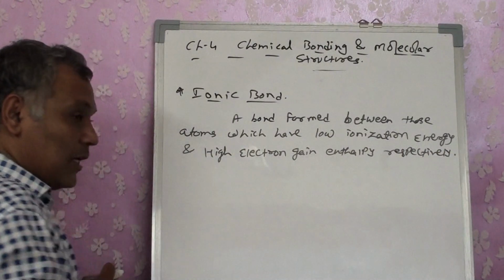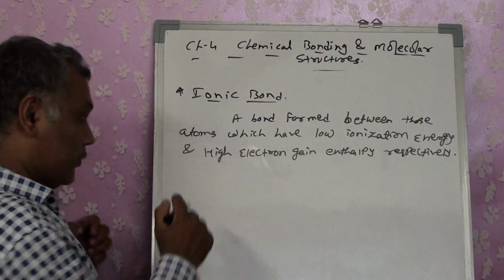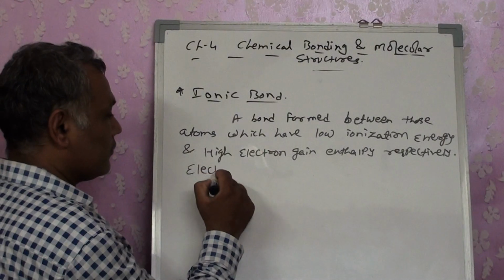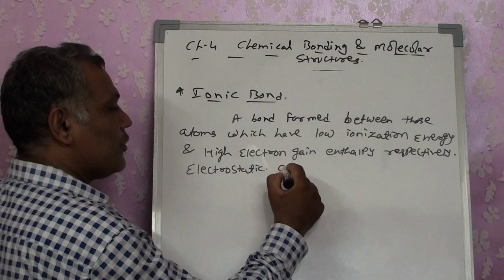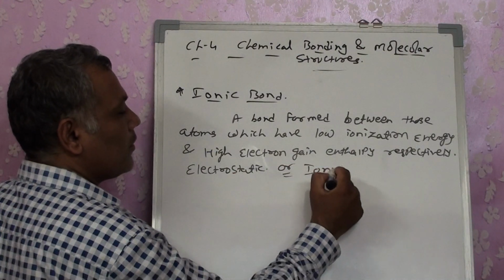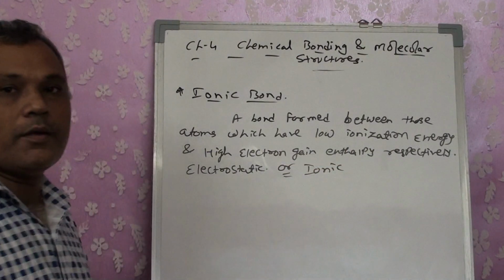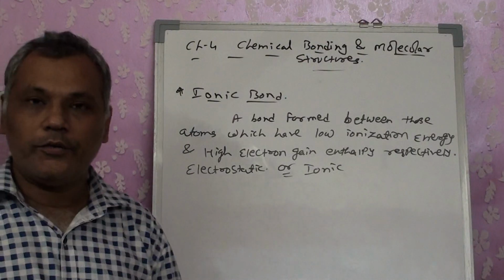Then they are known as ionic or electrostatic bonds, which is also termed as forming positive and negative charge.